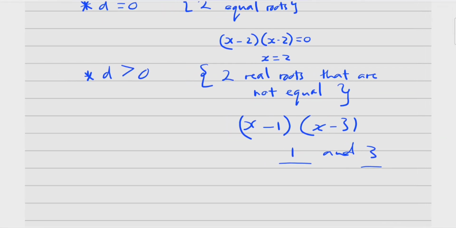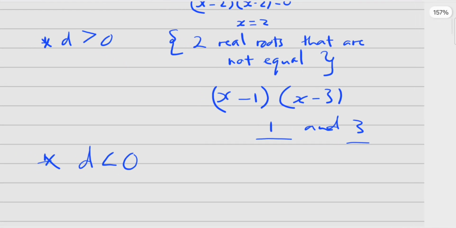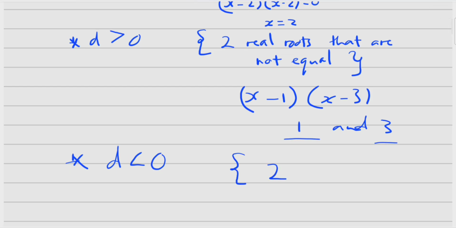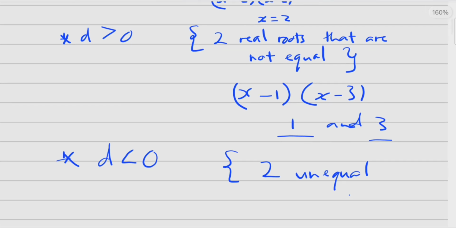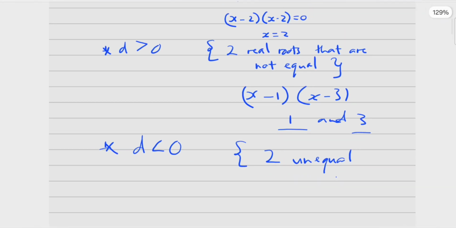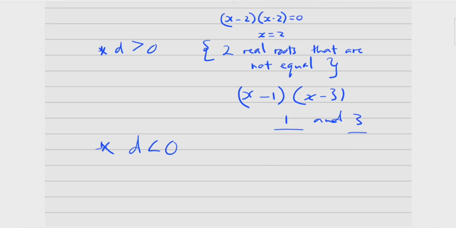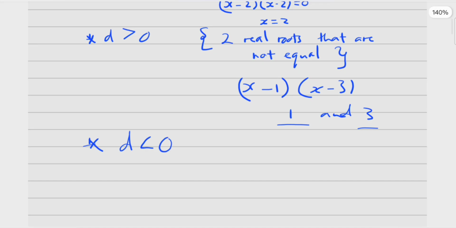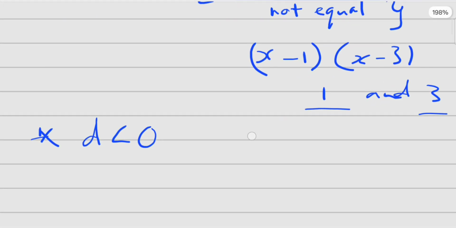And when we have the discriminant being less than 0, it means we have no roots at all, right? No roots.